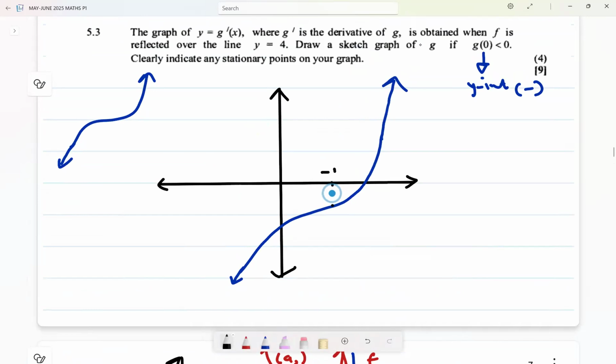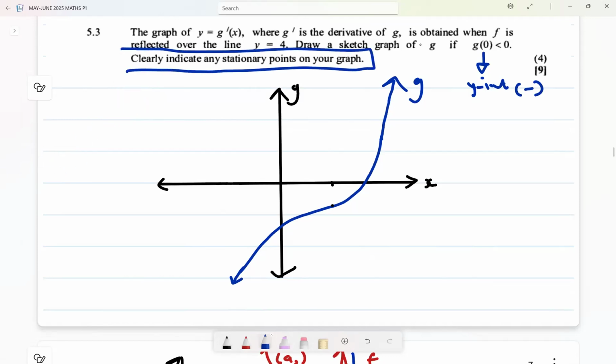This cannot be -1. Let me see if I were to draw this graph like this, okay, but the y is positive here. So never mind the stationary point because they did not say anything about the stationary point. So if I were to draw it, I draw it like this, X and Y, and say this is the graph of g. They say clearly indicate any stationary points on your graph, and I do not see any stationary points.